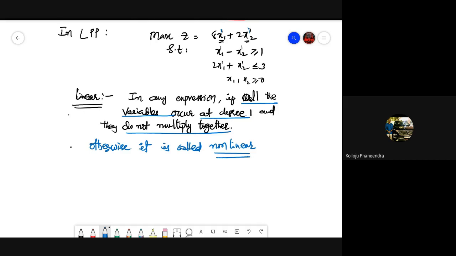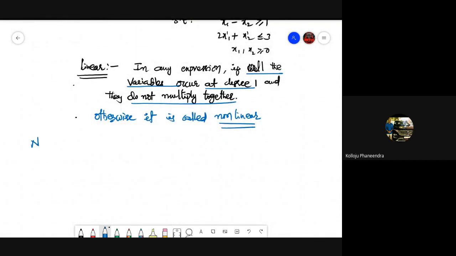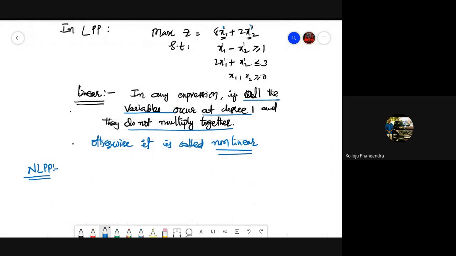Now, what is the general form? In non-linear programming problem, simply I will write it as NLPP. This is called objective function, and these are called constraints or conditions.